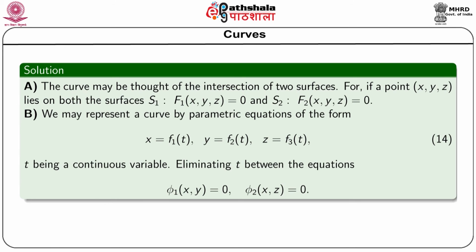Now, phi 1 x y equals 0 represents the equation of a surface in 3 dimensions, that we already know, and phi 2 x z equals 0 also represents the equation of a surface in 3D. Therefore, two equations of surfaces together represent the equation of a curve. Therefore, the equation of a curve given in form A or form B are equivalent.